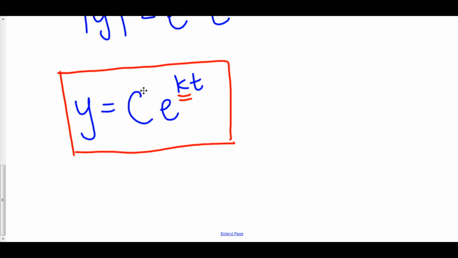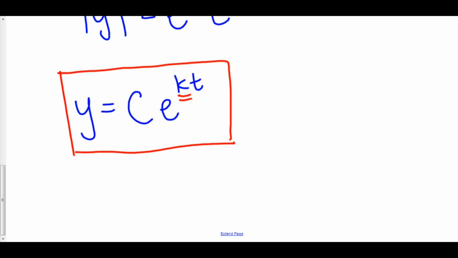Now let's take a look at our constant c, and let's determine what c is in context with exponential growth. Consider that y is either a population of amoeba, or the amount of money that you are getting out of your account, or whatever y is, it's some function value. Let's take a look at what c might be.